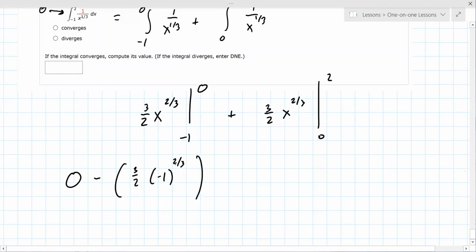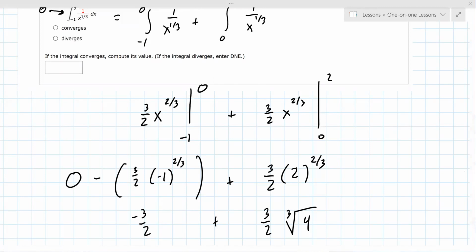So this becomes positive 1. So this becomes minus 3/2, plus over here, 3/2 times 2 to the 2/3 power. So it's the cube root of 2 squared, which is the cube root of 4, and minus that. I don't know, it doesn't come out nice, but it does converge.